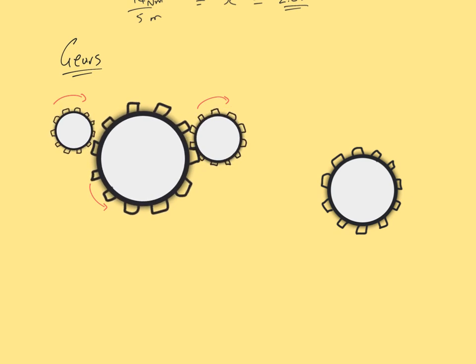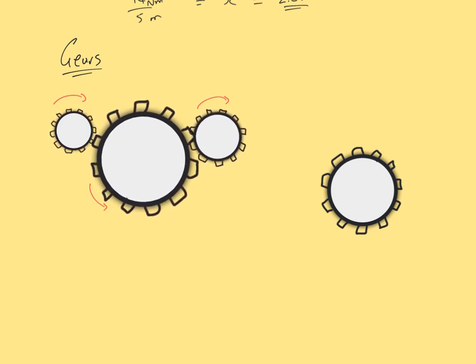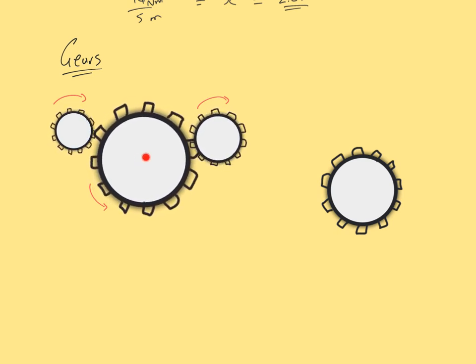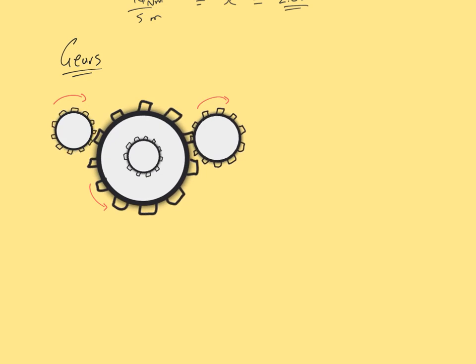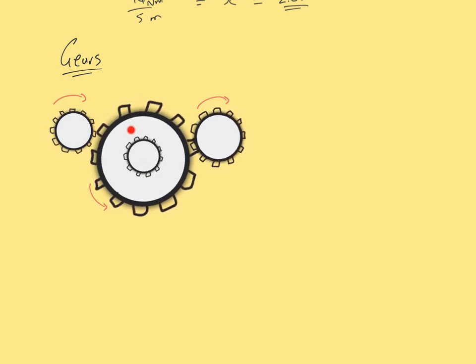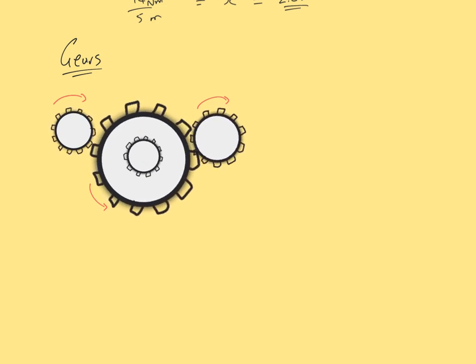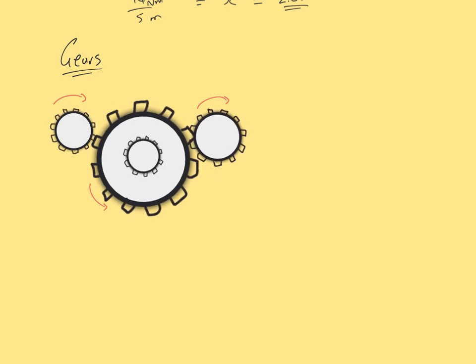And the other thing to bear in mind is if you want to be a little bit sneaky, you can have different gears sat on the same axis or bar. So I can move this one in, and so this small gear attached to the same axis as this one will rotate at the same speed as the large gear.